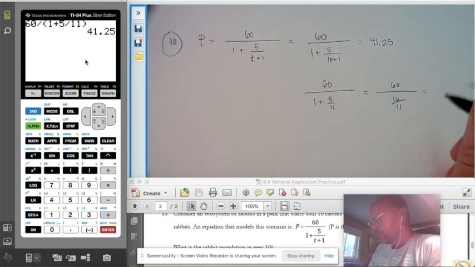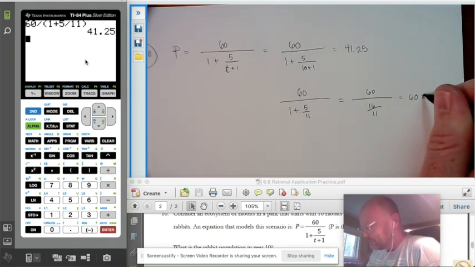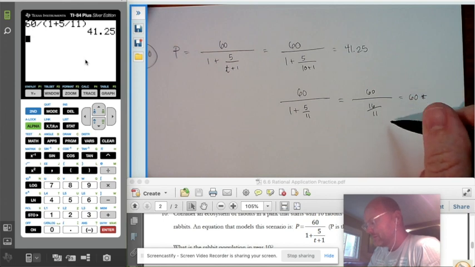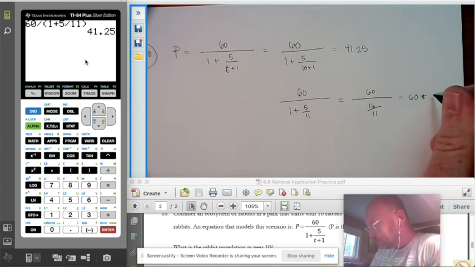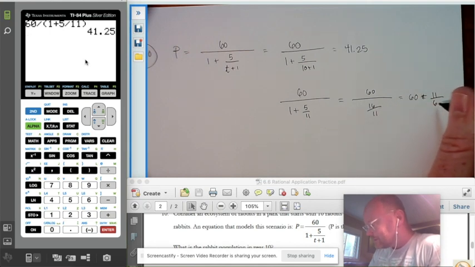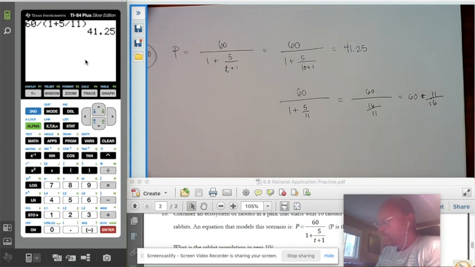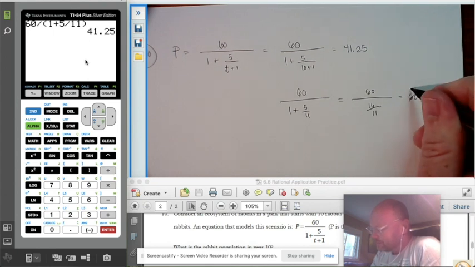Unless you really love dividing by fractions, I'm going to choose to rewrite that as a multiplication problem. Instead of 60 divided by 16 11ths, I'm going to write 60 times its reciprocal, that fraction upside down, 11/16. And then, does anything cancel? I guess there's a 4 as a factor. So pull a 4 out of the top and the bottom: 60 divided by 4 is 15.